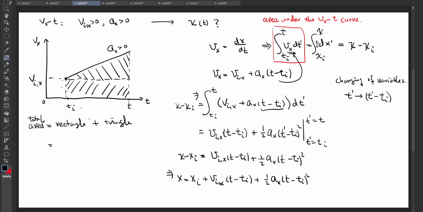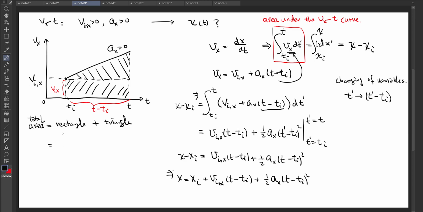So what's this rectangular area? The height is Vix, simply just Vix, right? That's the height. And the length of the rectangle is just t minus ti, the difference between the initial and final point.